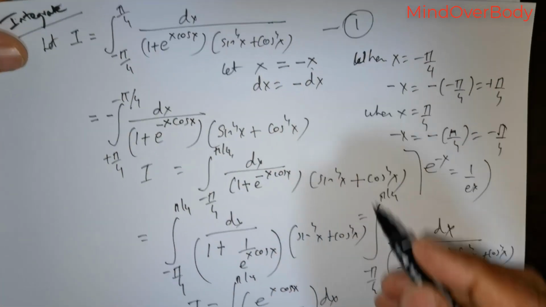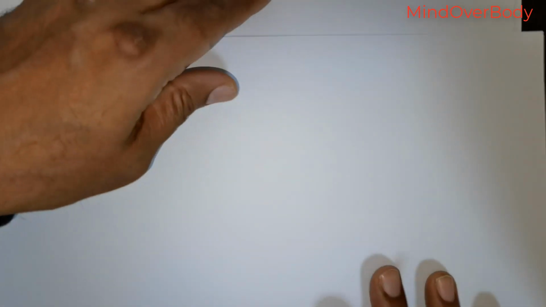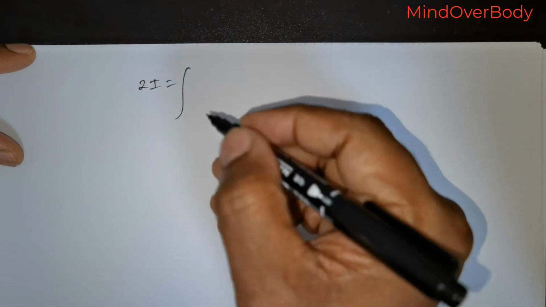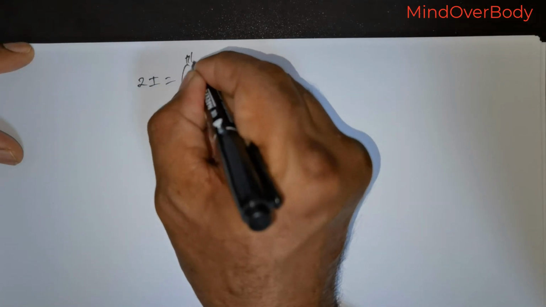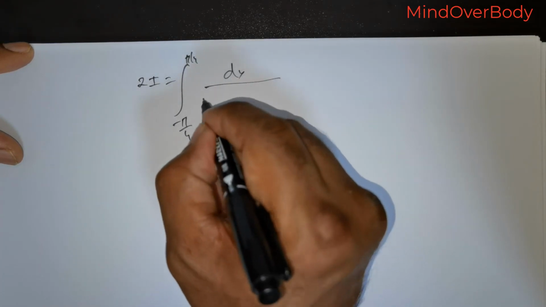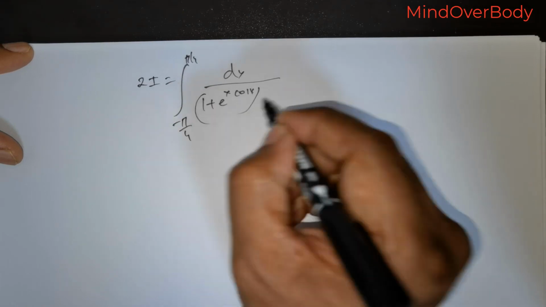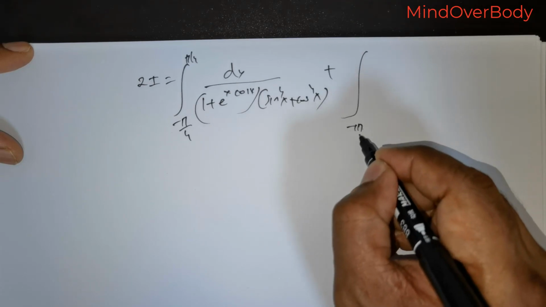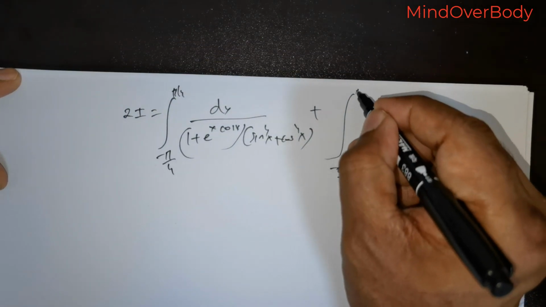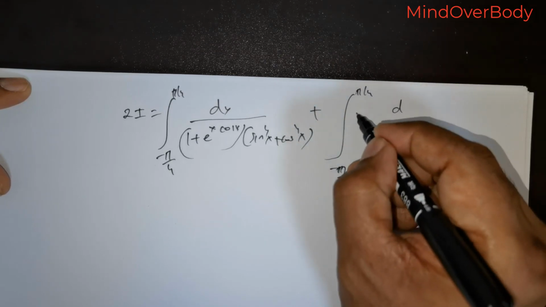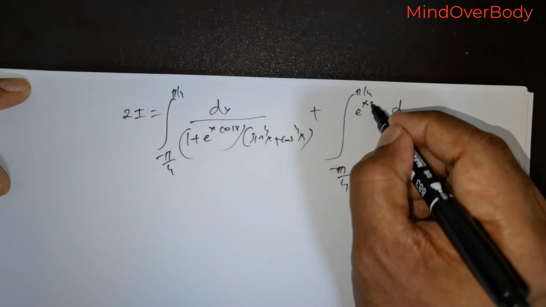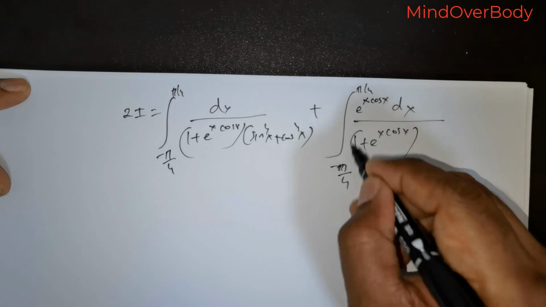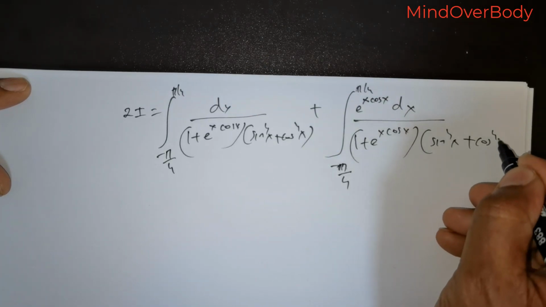Now what I wish to do, I would like to add 1 with the 2. If you were to do that, on the left hand side I will get 2 times I. On the right hand side it's negative pi over 4 to pi over 4, dx over 1 plus e raised to the power of x times cos x times sine raised to the power of 4x plus cos raised to the power of 4x, added with negative pi over 4 to pi over 4, you got in the numerator e raised to the power of x times cos x divided by 1 plus e raised to the power of x times cos x times sine raised to the power of 4x plus cos raised to the power of 4x.